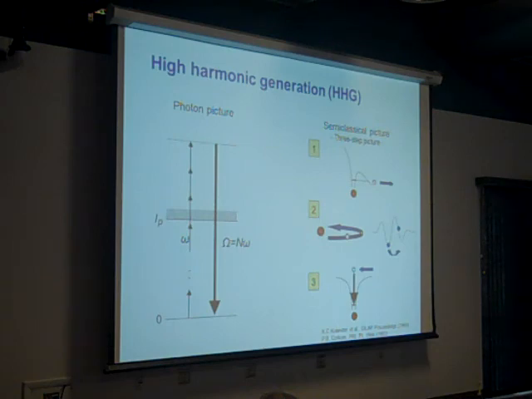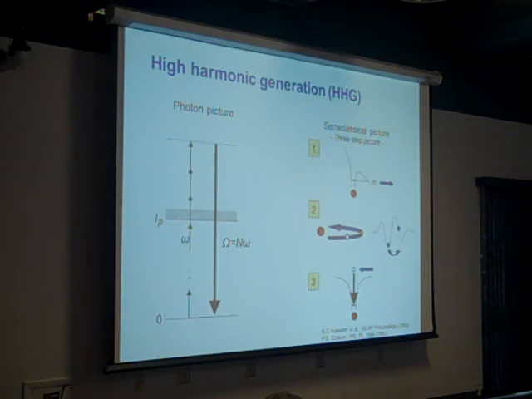It considers that in the first step, the electron tunnels out. And this is the tunnel process that we have just considered as a limiting process of our multi-photon ionization. Then, since the electron is set free in an oscillating electric field, it will first accelerate away from the atom or molecule, and then, when the electric field changes its sign, it can be driven back again.